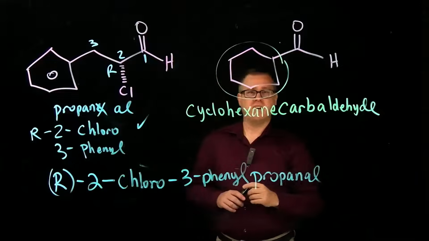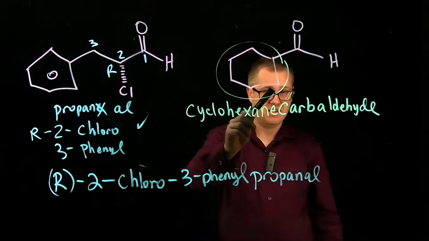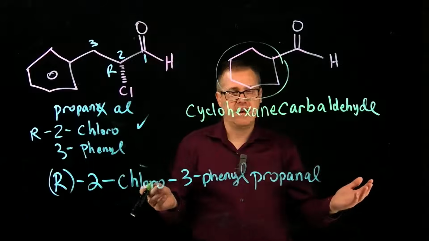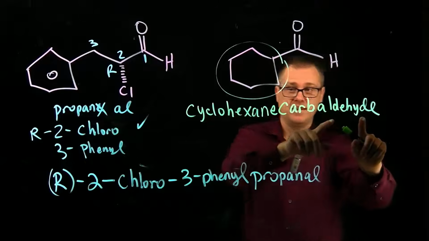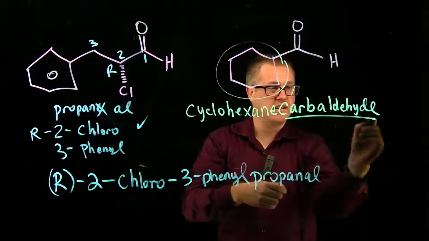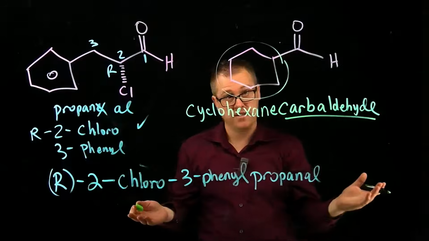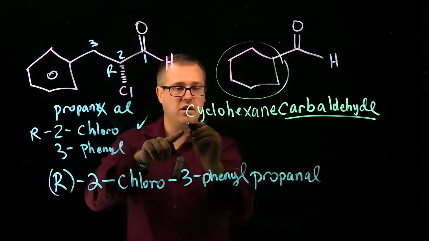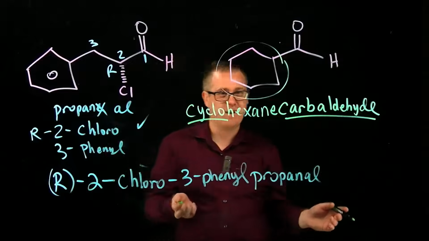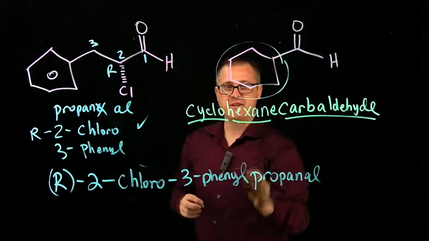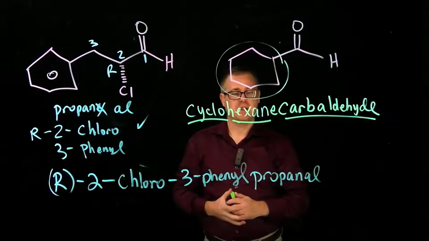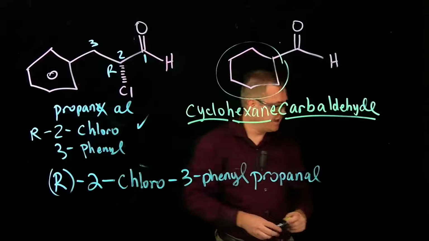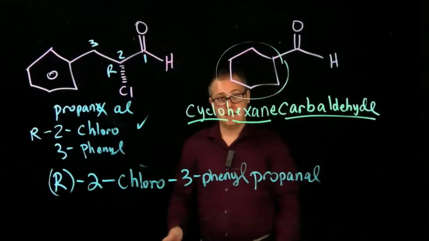So when you have an aldehyde that's attached to a ring, we have this crazy different rule that we call the aldehyde a carbaldehyde. So that right there, in the name, it tells you you have a ring. And then that cyclo also tells you you have a ring. And that hexane tells you how big that ring is that the aldehyde is attached to. So that's another nomenclature rule that you need to be aware of.